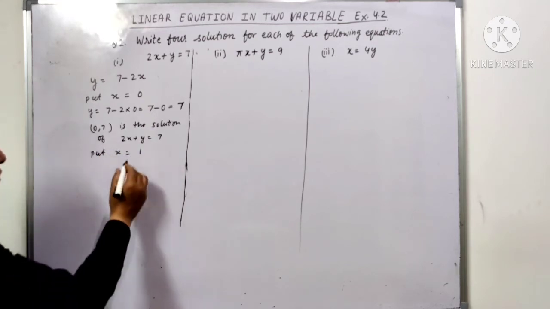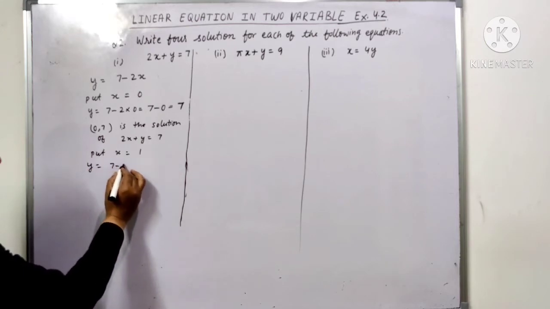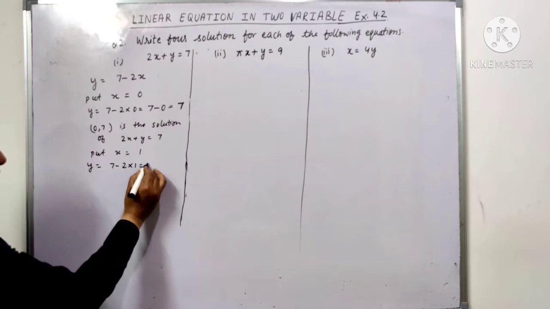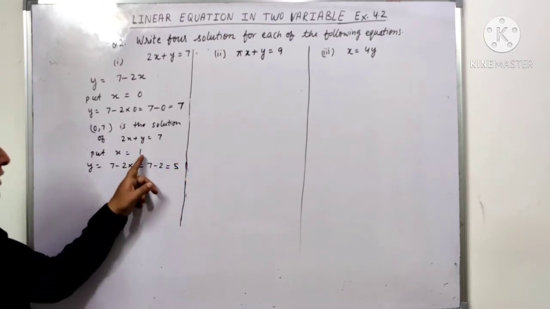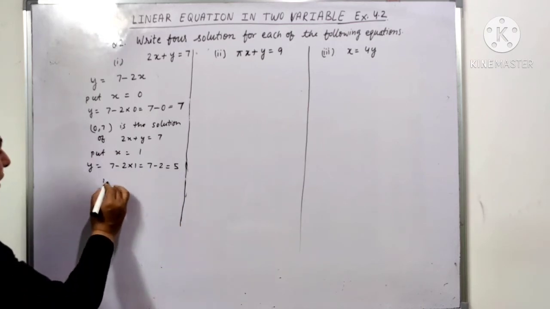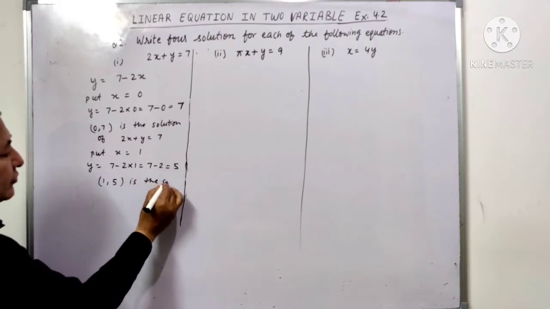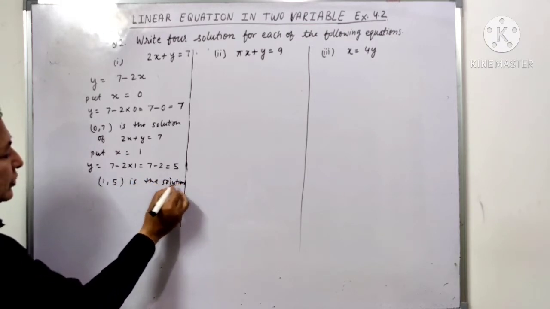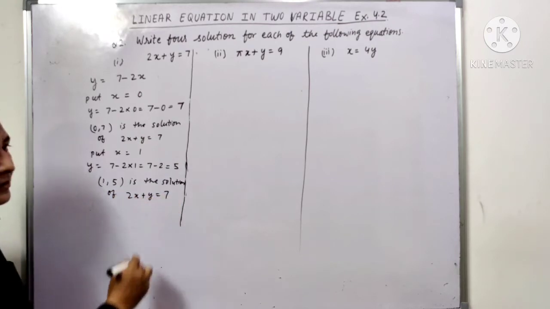When we put x equal to 1, we get y equal to 7 minus 2 into 1, that is 7 minus 2, which is equal to 5. So when we put 1, we get y equal to 5. So we write (1, 5) is a solution of 2x plus y is equal to 7.